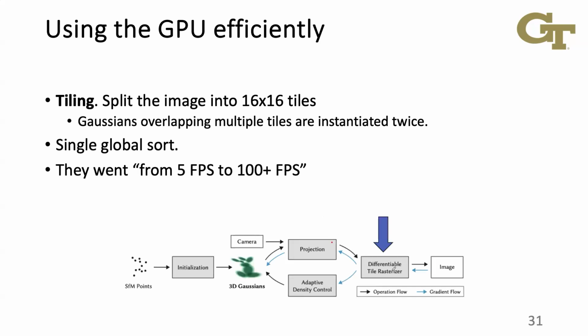Right now, looking at our pipeline, we described how we can initialize our points, what the parametrization of our points is, and, given some camera position, how we can project our 3D Gaussians into 2D view space, and then how we can rasterize this.